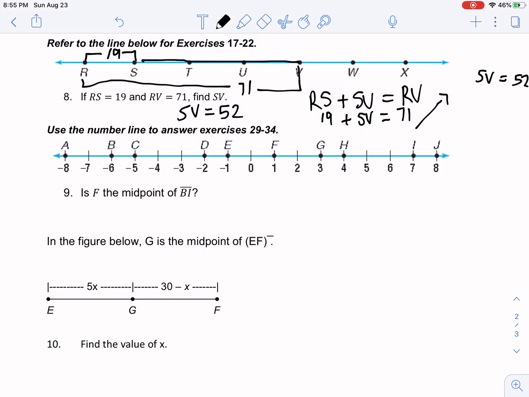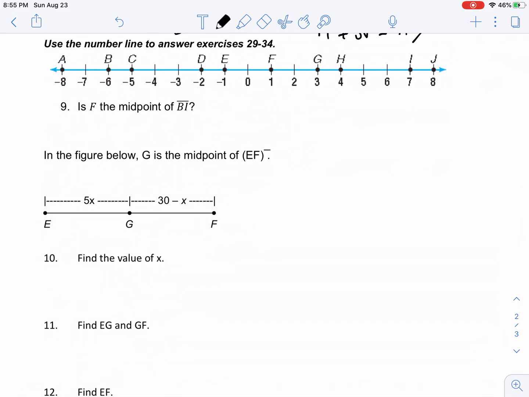Number 9. Use the number line to answer exercises 29 through 34. That was just borrowed from the previous question. Let's just use this number line, and it says, is F the midpoint of BI? So on segment BI, we want to determine if F is the midpoint.